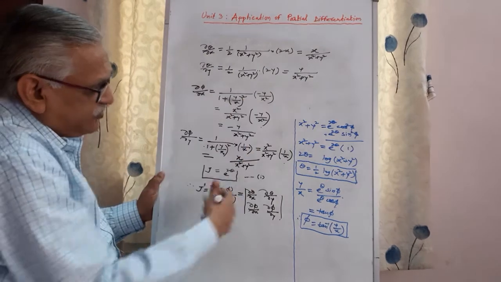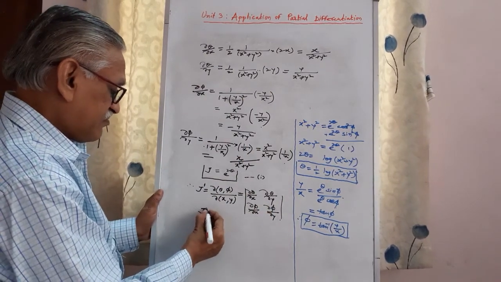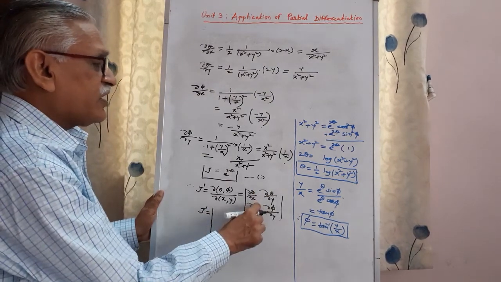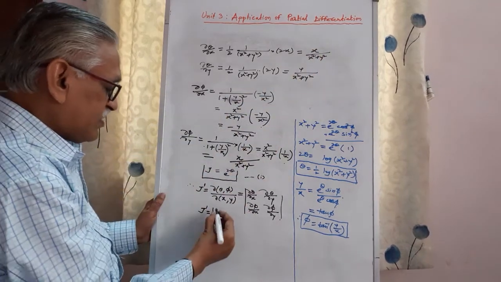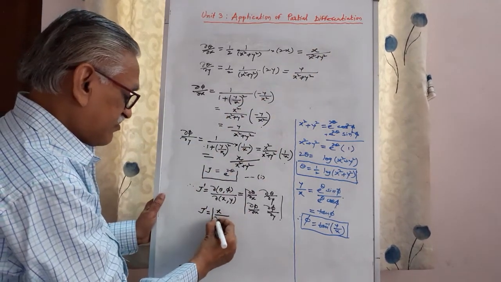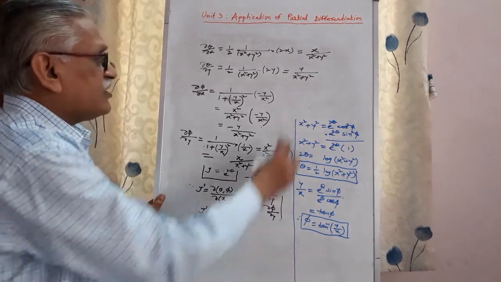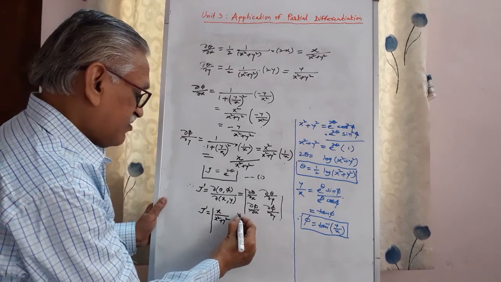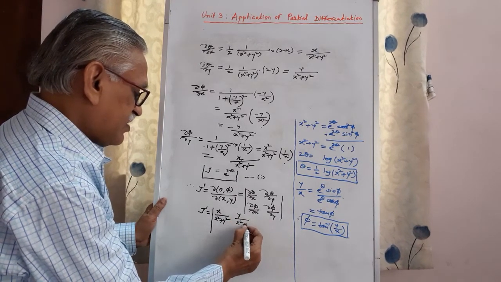And if you put all these four values here, J dash becomes the determinant of dou theta by dou x. The value of dou theta by dou x is x upon x square plus y square. Dou theta by dou y, y upon x square plus y square.